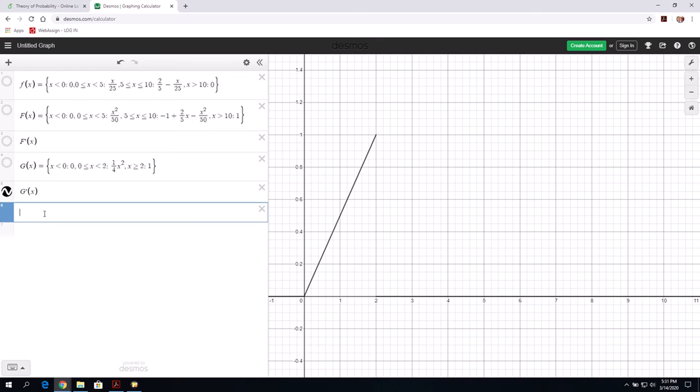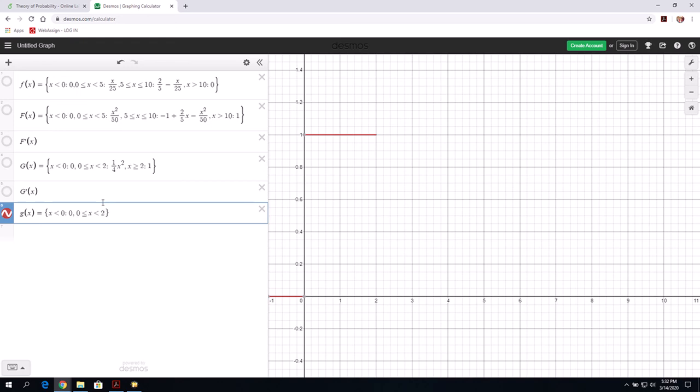Watch this. Let me define little g of x as the density. I'm just going to draw this piecemeal, and you'll see it's actually equal to the derivative of the cumulative distribution function. For x less than 0, what's the derivative of the 0 function? It's 0. What about for 0 less than or equal to x less than 2?